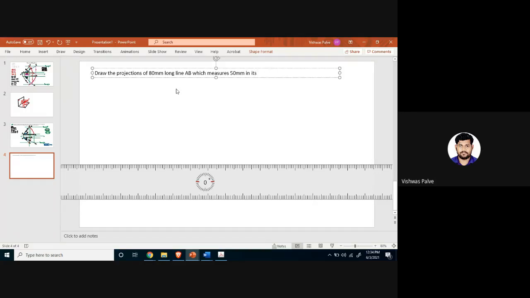50 mm in its plan. Am I audible? Yes, sir. Yes. Inclined at 30 degree to VP.